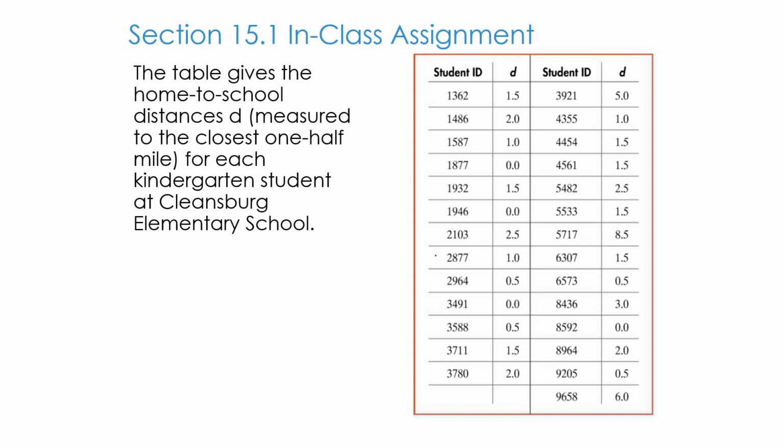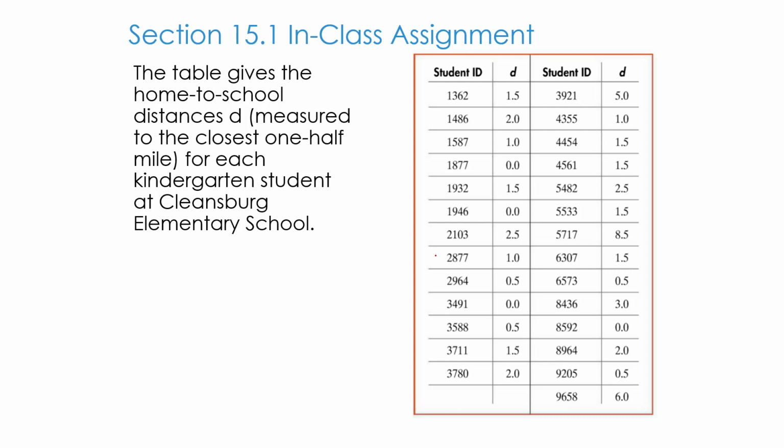The table gives the home to school distances D measured to the closest 1/2 of a mile for each kindergarten student at Cleansburg Elementary. And so since distance is continuous, what we're going to want to do is make a histogram, not a bar graph. Histogram bars touch, right?